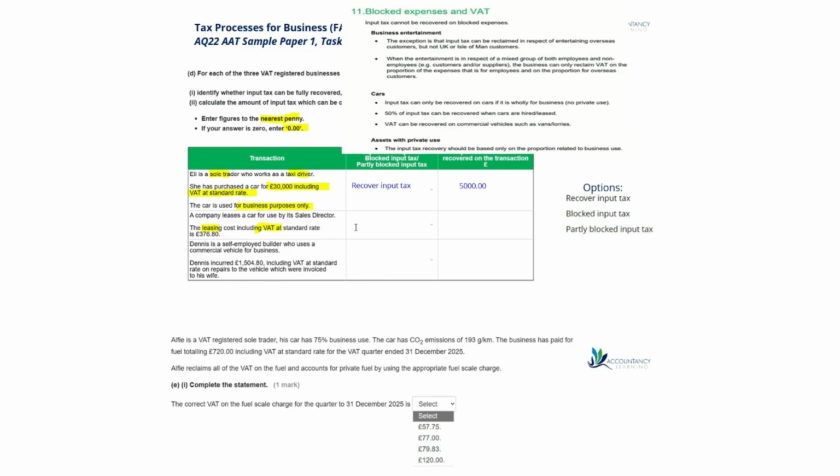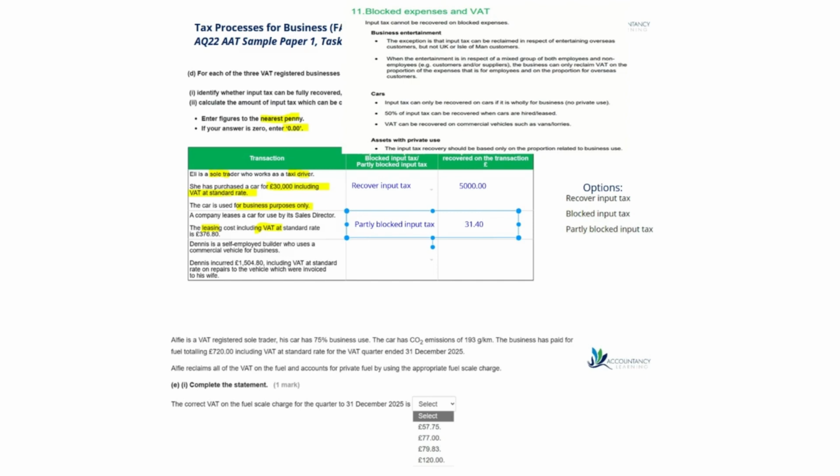So it's going to be partly blocked, and we can recover 50% of it. So we'll calculate the VAT. Again, this is a VAT inclusive cost. So we do the same calculation, but remember to divide it by 2 because it's only 50%, which gives us £31.40.